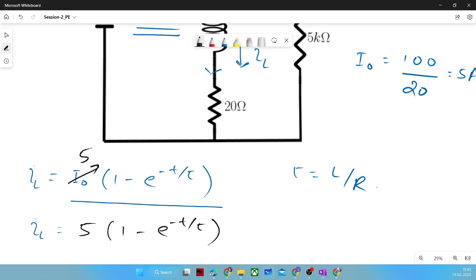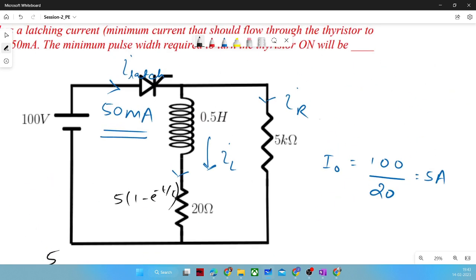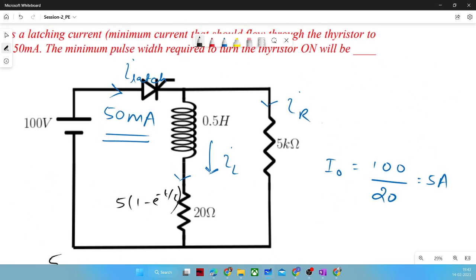So here it is flowing 5 into 1 minus e raised to power minus t by tau. And here we already computed IR is equal to 100 by 5k, so 20 milliampere.